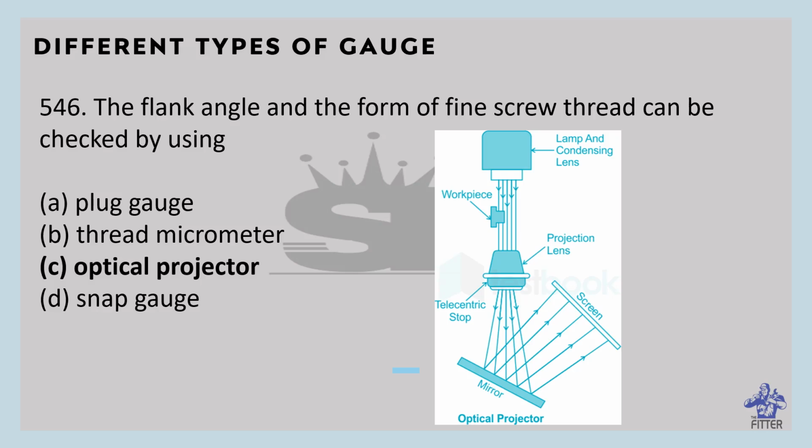I'll write it down: enlarge the image. It is commonly used for measurement with optical instruments. Optical comparators are used to check both dimensional accuracy and surface defects such as scratches and indentations.